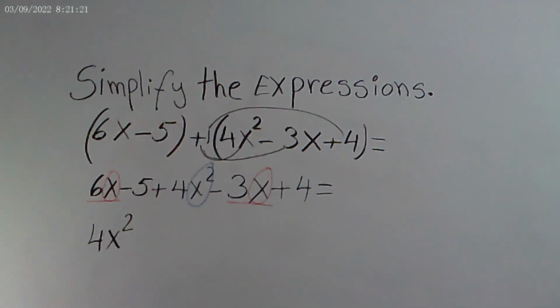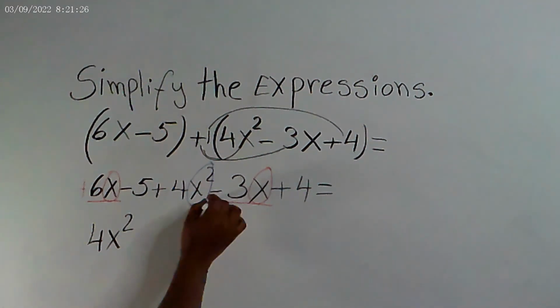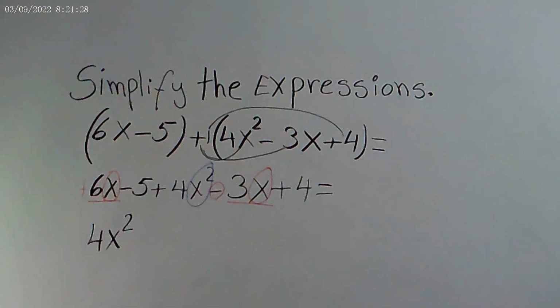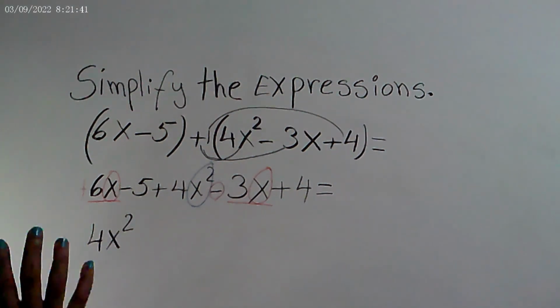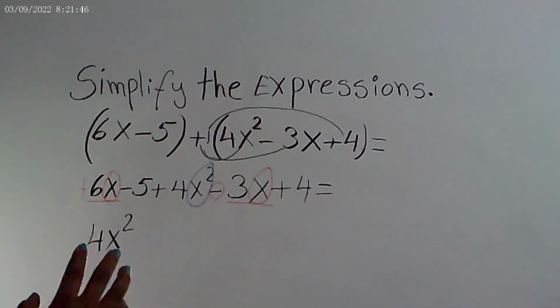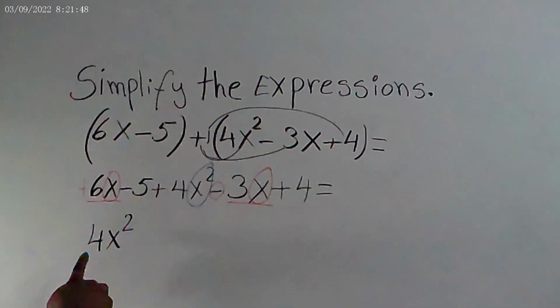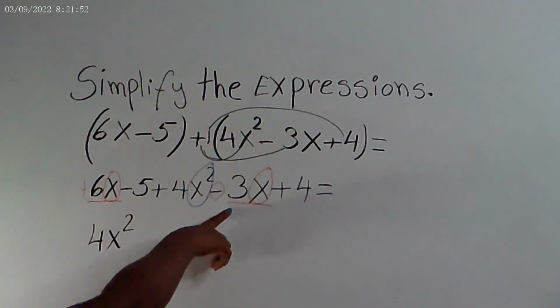It looks like you have a plus in front here, and here you have a minus. To know which sign to put, you have to look at which number is bigger. Like this one, you have plus 6. Right here you have a minus 3.